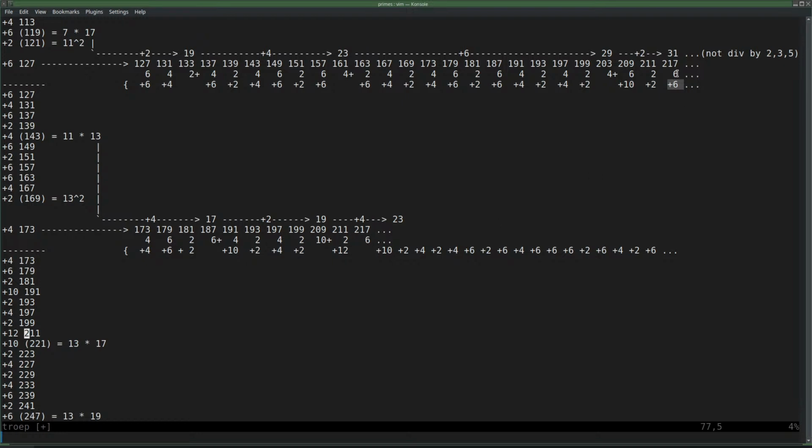That 6 is just this 6. And that should not be there because it is a short circuit. I did it wrong. Where's my cursor? Here. This 217 is divisible by 31. Apparently, yeah, 7 times 31. So this is a short circuit.